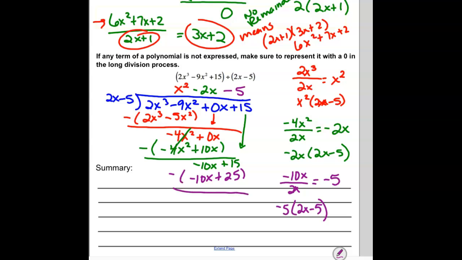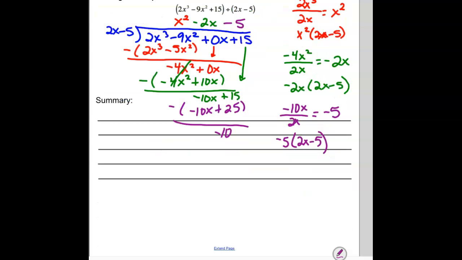Our x's drop out. We have 15 minus 25, so we're at negative 10 for our remainder. So my answer to this is going to be x squared minus 2x minus 5 plus my remainder, negative 10, over the divisor we were dividing by, 2x minus 5.